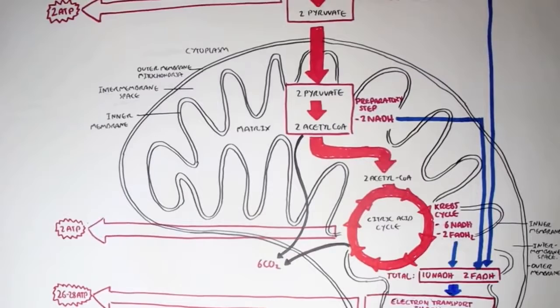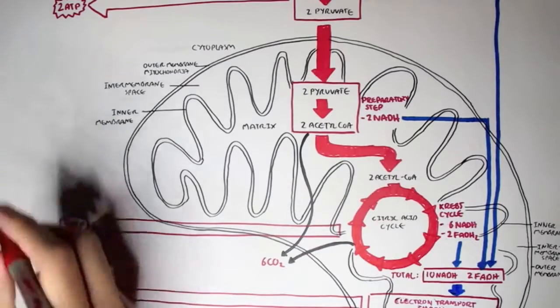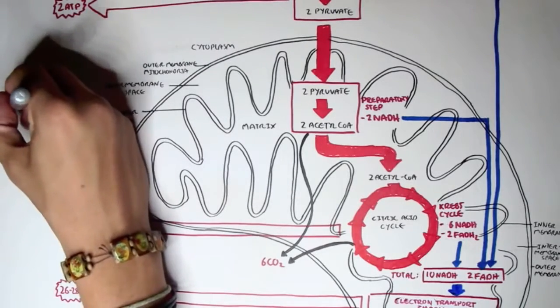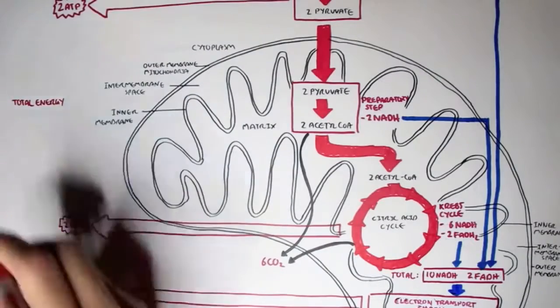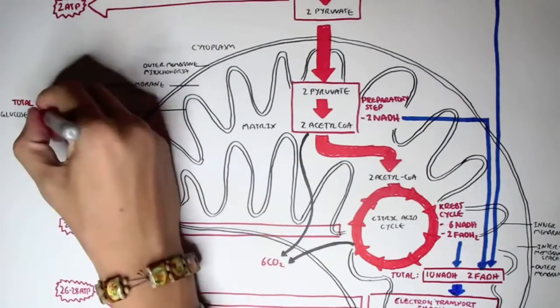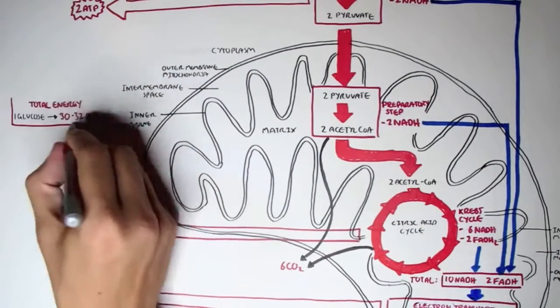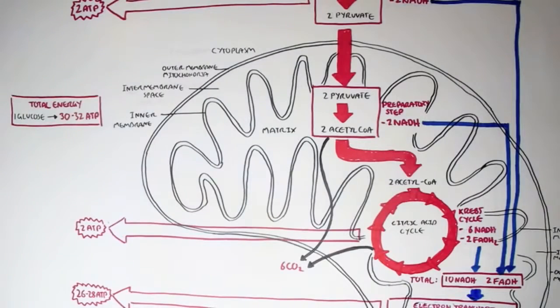Well, it's all this ATP produced from glycolysis, citric acid cycle, and oxidative phosphorylation. So if we tally up all the amounts of ATP produced from the oxidation of one glucose molecule, we would get about 30 to 32 ATPs. So one glucose will make, from glycolysis, the preparatory step, Krebs cycle, and oxidative phosphorylation, between 30 to 32 ATPs.